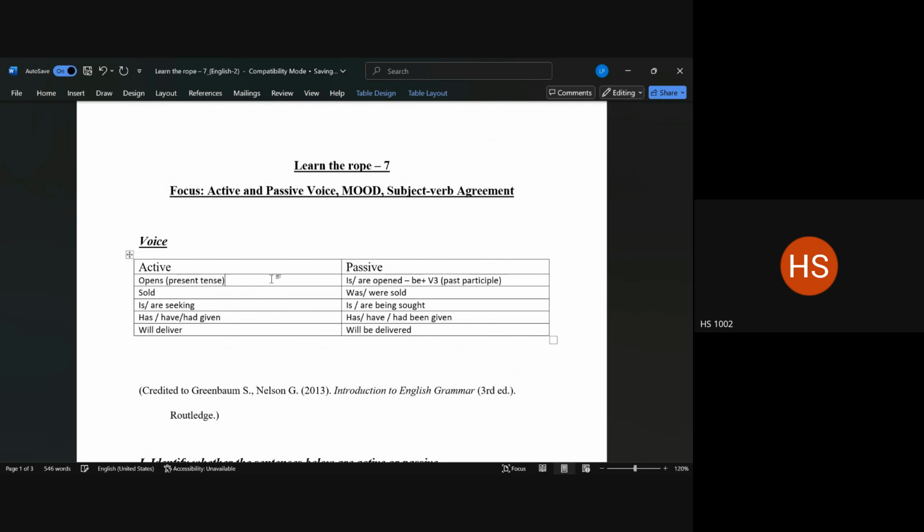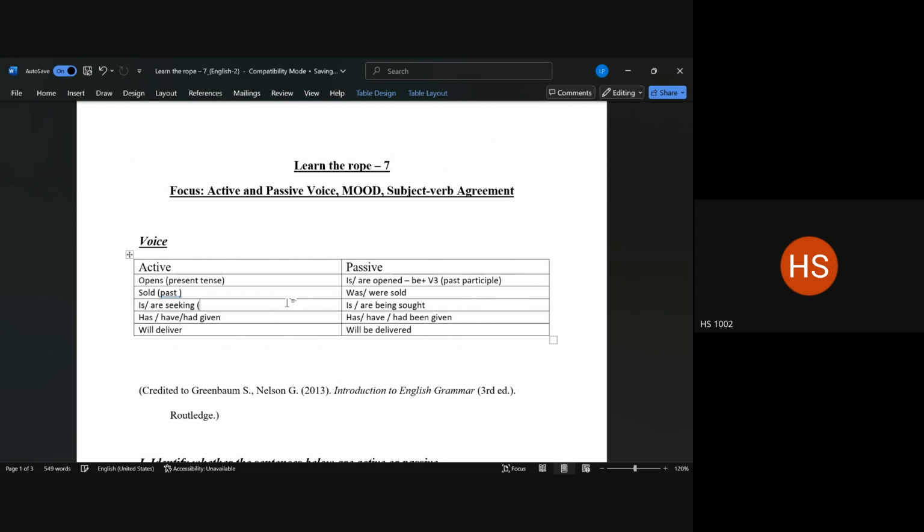So there the change is that when you use it in the be plus V3 form, in present tense, be would be is or are, right? Sold is in past tense, right? Simple past tense. So this one, your be is going to be was or were, and then the past participle form, which is sold.